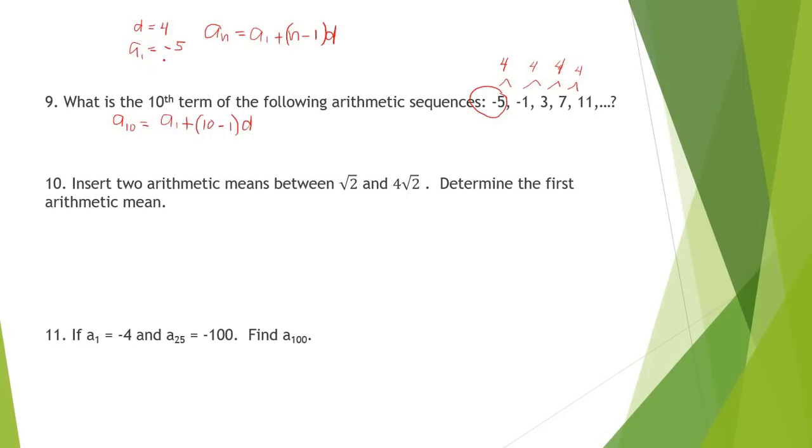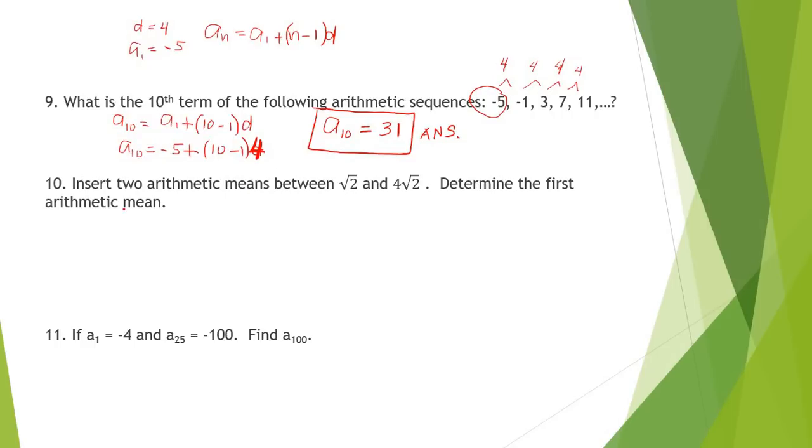Since we already have values for our a1, we have our a10, the nth term, is equal to negative 5 plus 10 minus 1 times d, where the common difference is 4. Then simplifying this further, the 10th term is equal to 31. This is our answer.